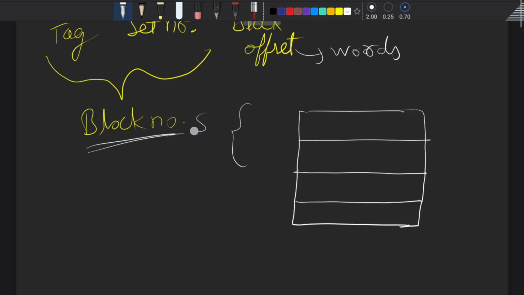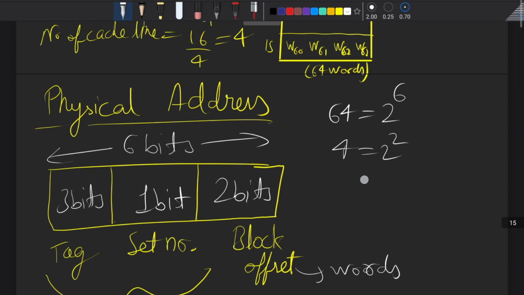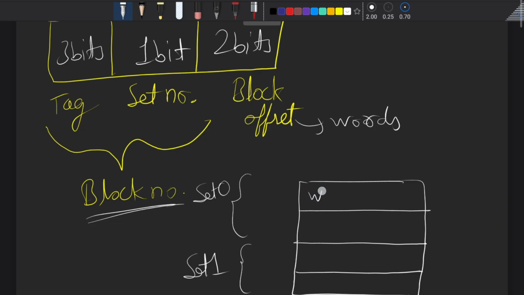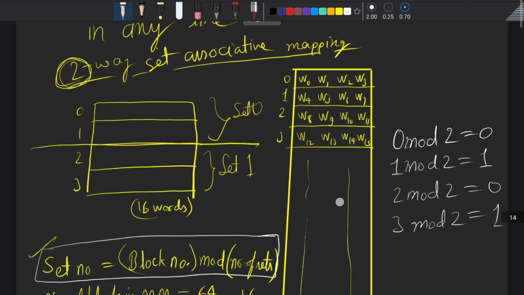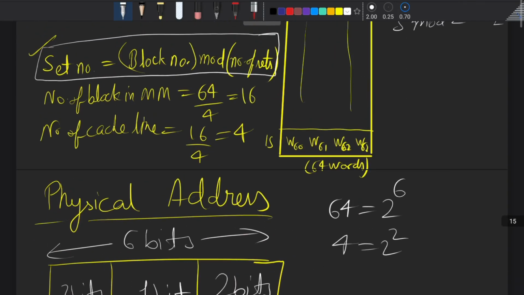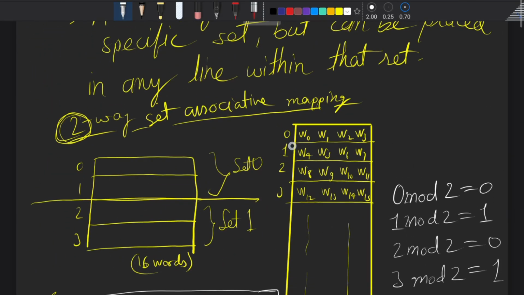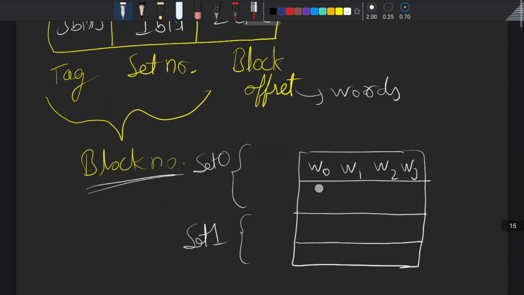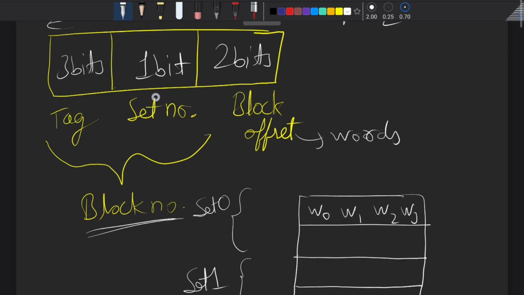Let this be set 0 and this be set 1, and here we have W0, W1, W2, W3, which is of course the content of block 0.